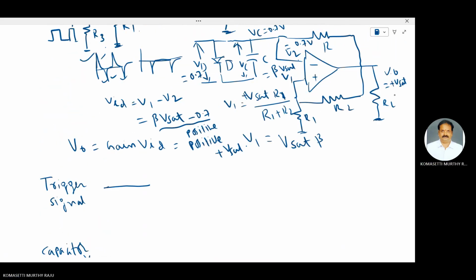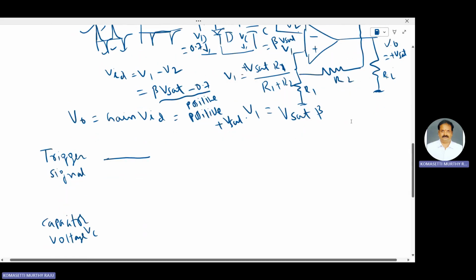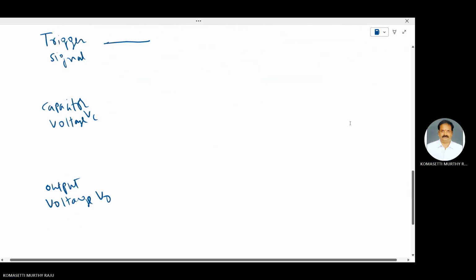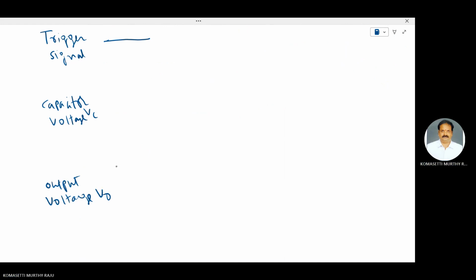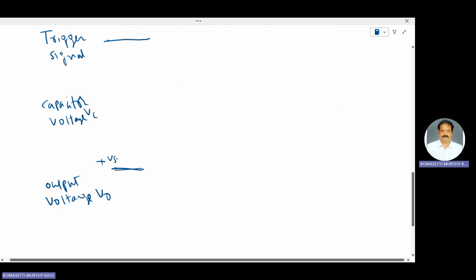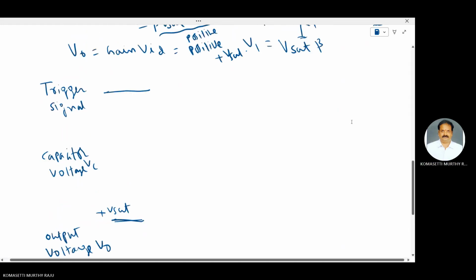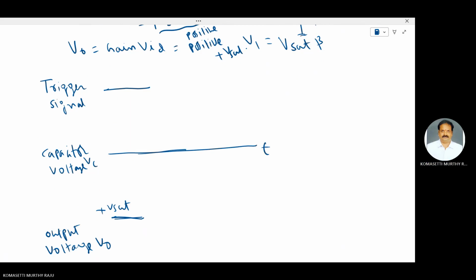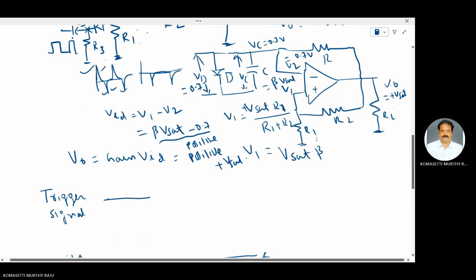Whenever the power is switched on, the output voltage V0 is equal to plus Vsat. At that instant, the diode D is forward biased. The voltage VD is equal to 0.7 volts.